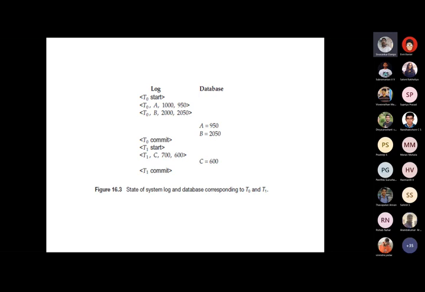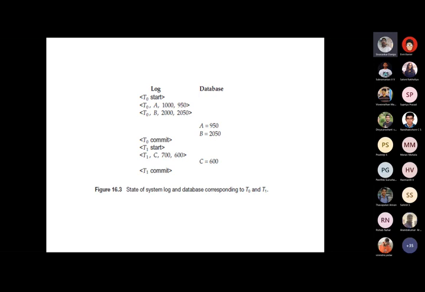Similarly, T1 start, T1 data item capital C 700, the initial value of the data item before the debit operation, and 600 is going to be the new value of the data item capital C after the debit operation, right? So now the value of the variable C is going to be 600.